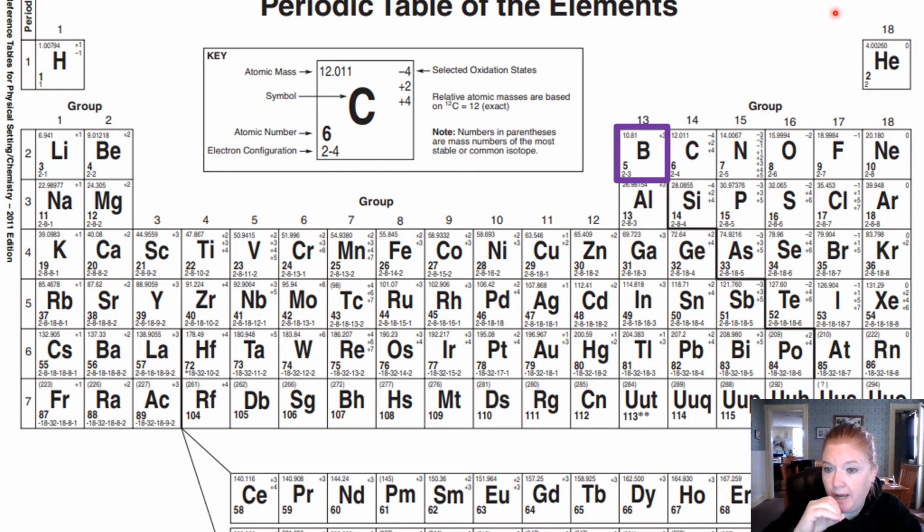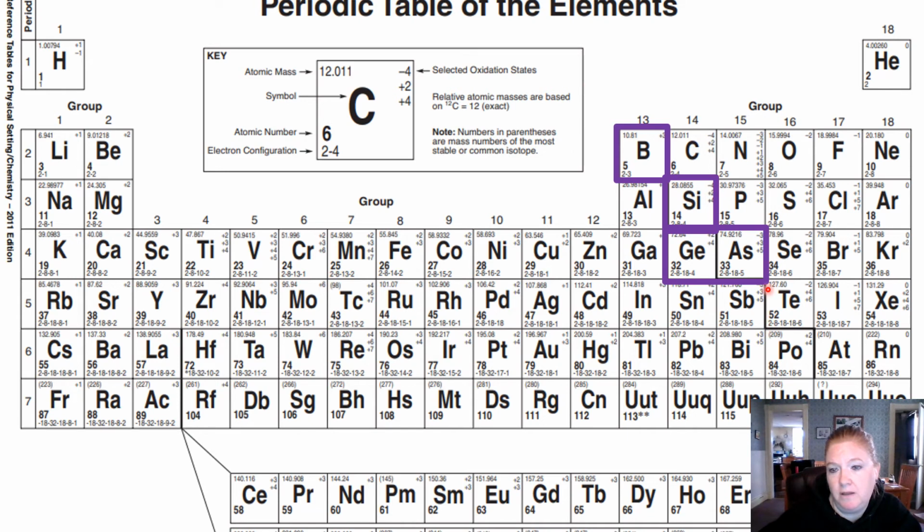First one, boron, touches the line, metalloid. Si, touches the line, metalloid. Aluminum technically touches the line, but I always try and remind students, aluminum you should know is a metal. We make foil out of it, right? Then we have two elements right here that touch the line, Ge and As, both metalloids.